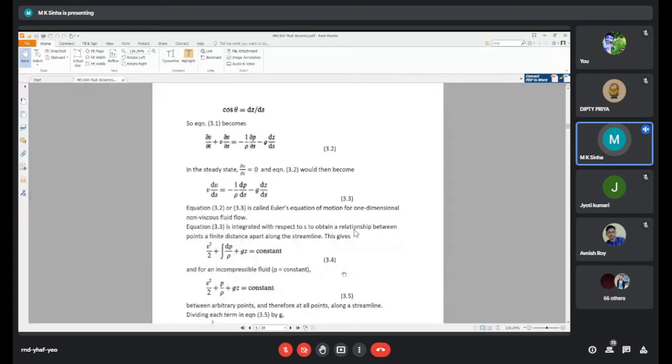So here the equation is v dv by ds equal to minus 1 by rho dp by ds minus g dz by ds. And in the above equation also, del v by del t plus v del v by del s equals minus 1 by rho del p by del s minus g dz by ds.